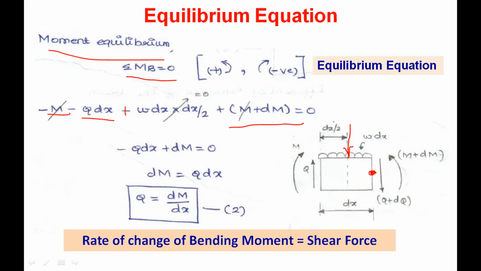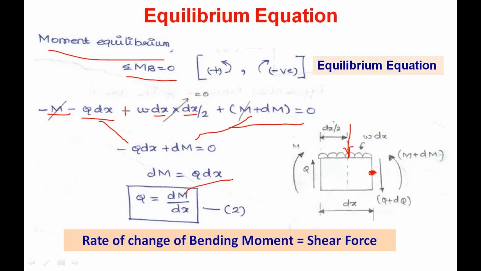When we simplify this, the minus M and this plus M will get cancelled, and this dx is a very small elemental length, so the multiplication of two dx terms we can eliminate. We will get minus Q dx plus dM equal to 0, which gives the relationship Q is equal to dM by dx.